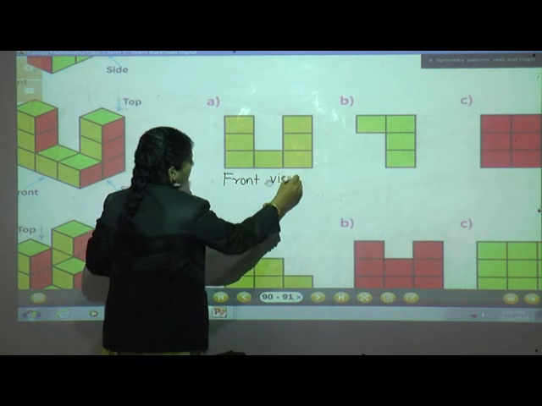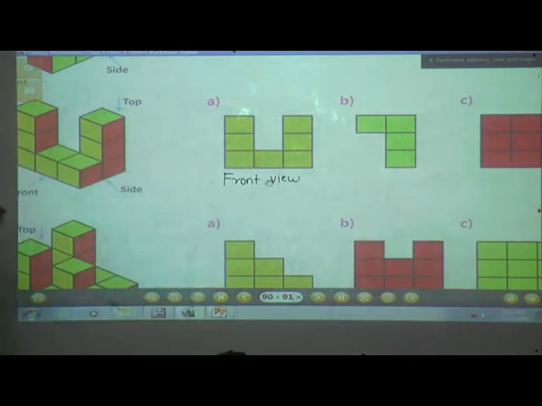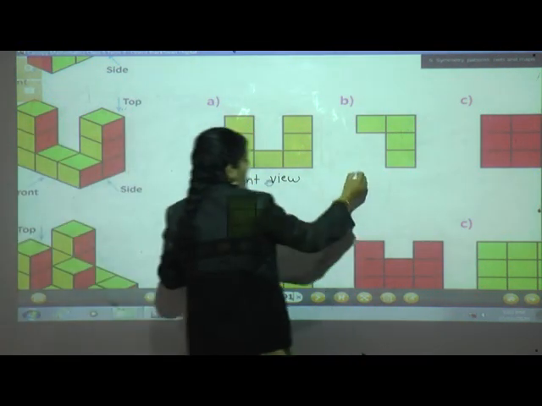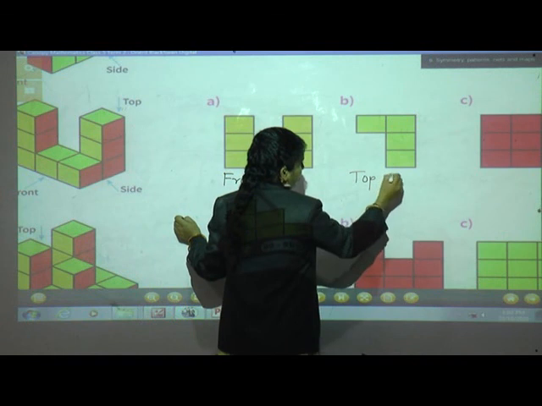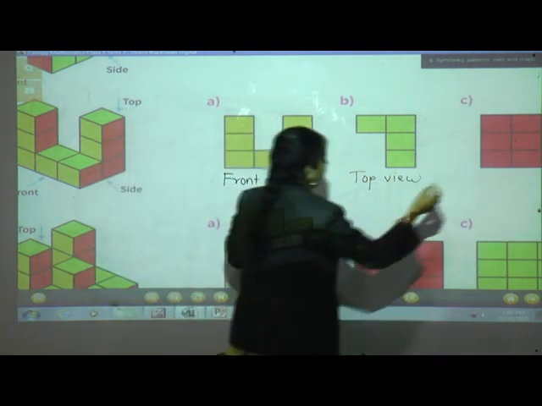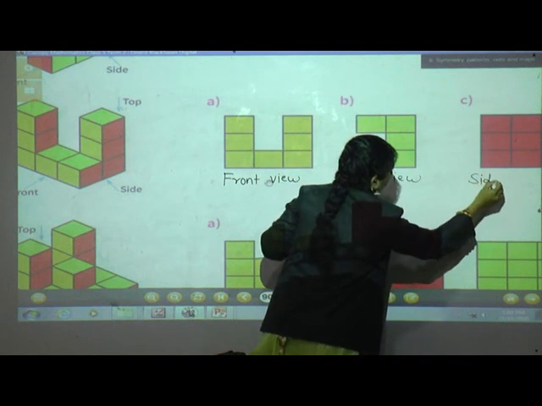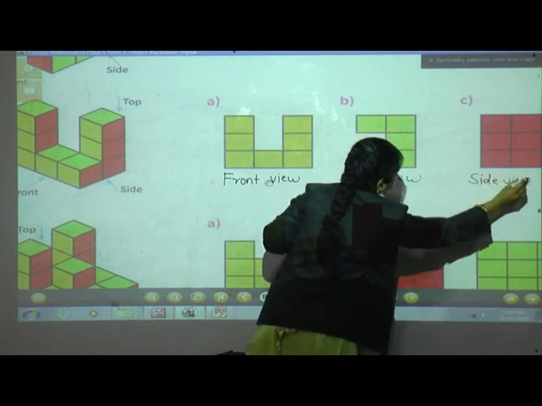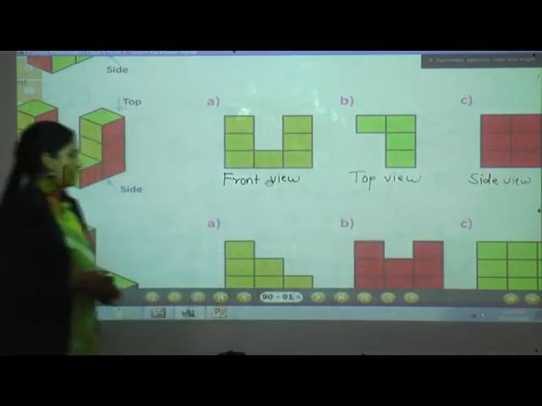Now B1. So where is it, see? Yes, this one is the top view, and this red color means here the side view. So in this way we can write the answer.